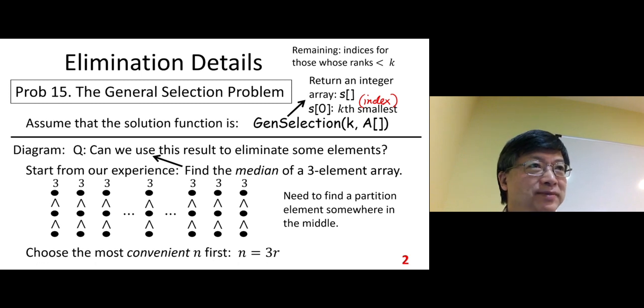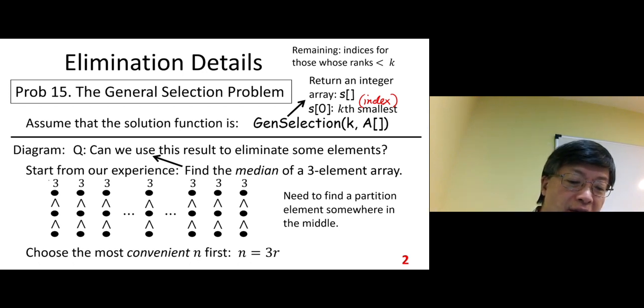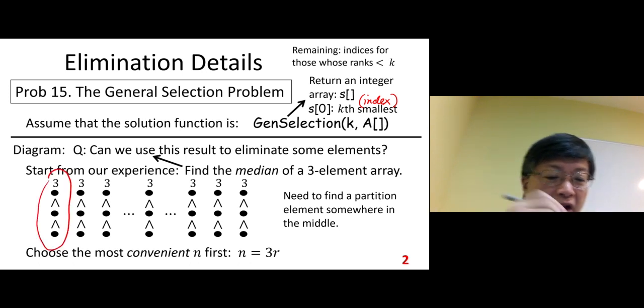There is one special step we need to do here. For each 3-element group, and we have r 3-element groups, can we find its median? Look at the first 3-element group.